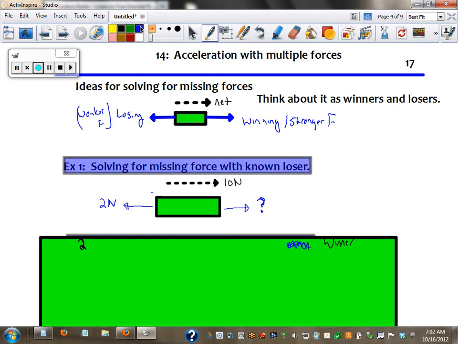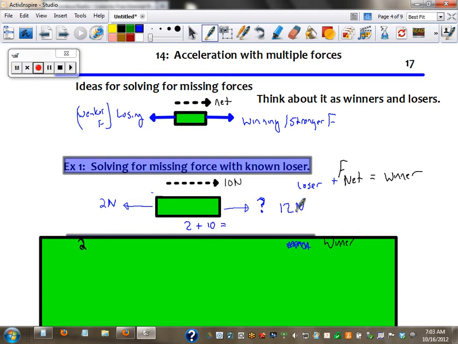One way to think of this, if it isn't apparent to you already, is the loser plus the net force equals the winner. So that means 2 plus 10 equals 12 newtons.